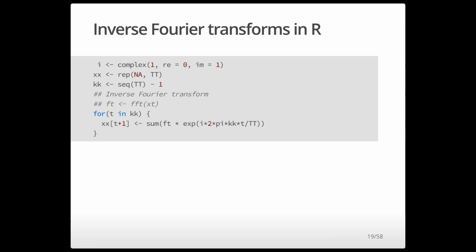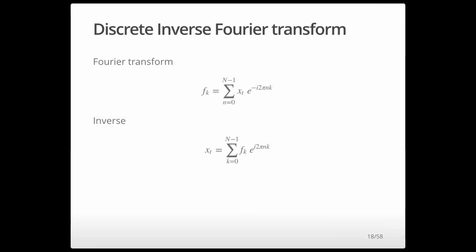I want the real part to be 0 and the imaginary part to be 1. So that is just i. Create an empty time series, create a sequence now where they like to index from 0 up to n minus 1, and then just do this summation. So this command down here is just exactly the same thing that I showed you right here. It's just this formula.